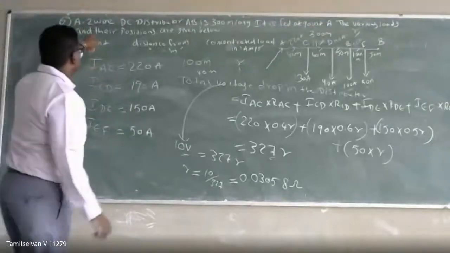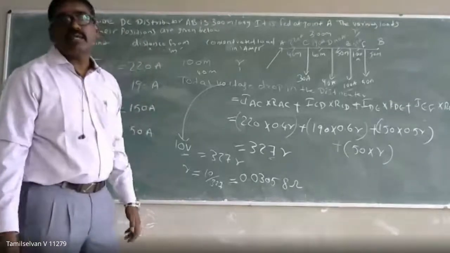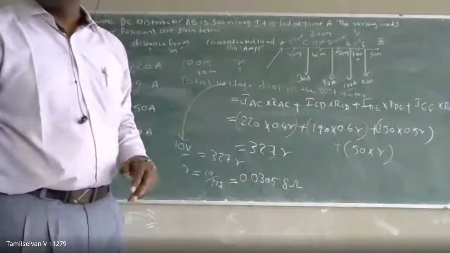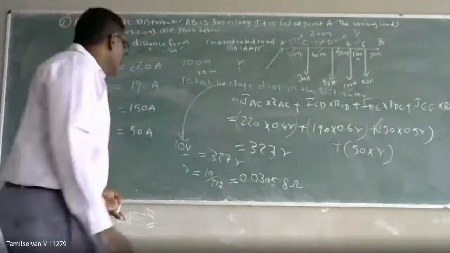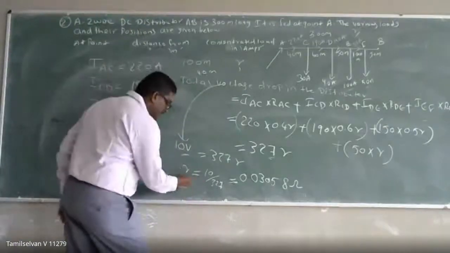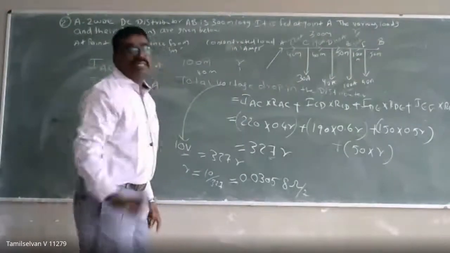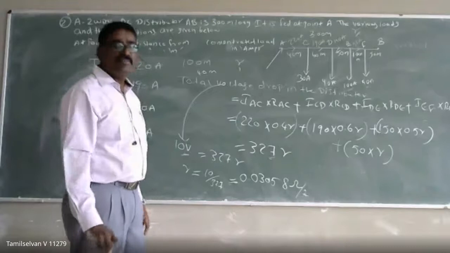But what is our distributor? Here, it's a 2-wire distributor. To find the cross-sectional area, a single wire is needed. Only then can we calculate the cross-sectional area of that wire. So if I divide by 2, that is the single wire resistance value.